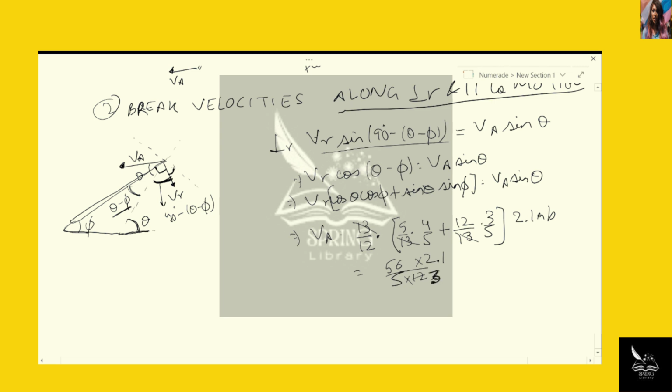So 4 threes are 12, 4 14s are 56. Then this becomes 14 ones is 14, 14 twos are 28 plus 1 is 29, and then 5 threes are 15. So this gives us 0.1. So 15, then 14 and 4. So 15 nines are 135. Then you are left with 9 and then 6. So this much meter per second is our VA.